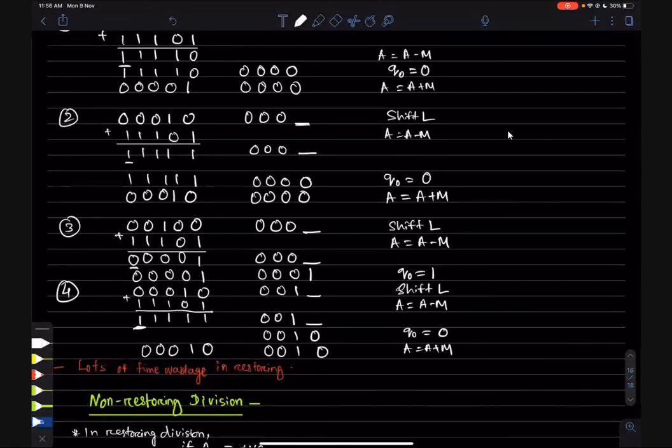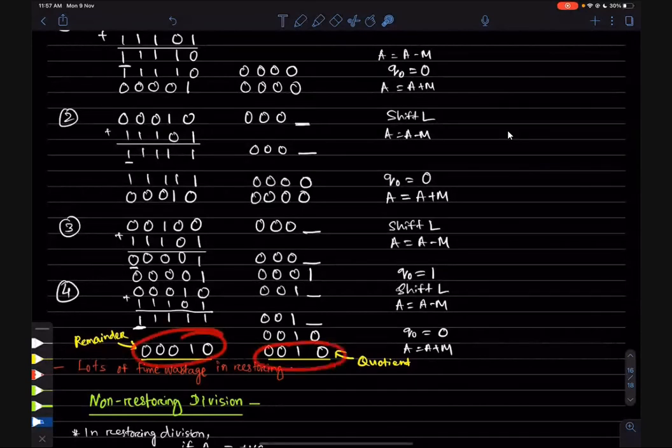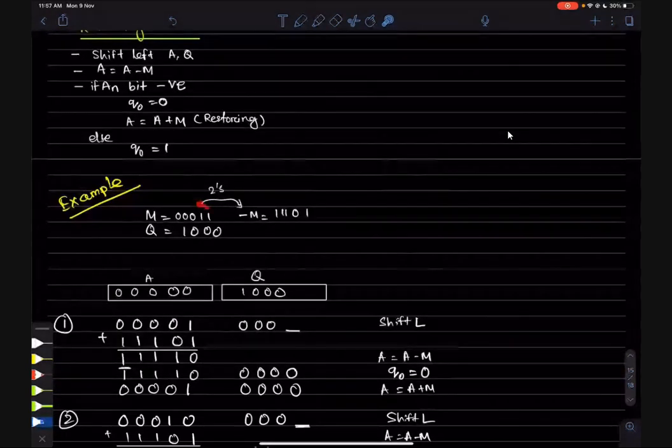Our division is over. So after the division is over, what do we get? This is the remainder, this is the quotient. So this is your quotient and this part is your remainder. What is the result here? 2 and 2. What is the m value?